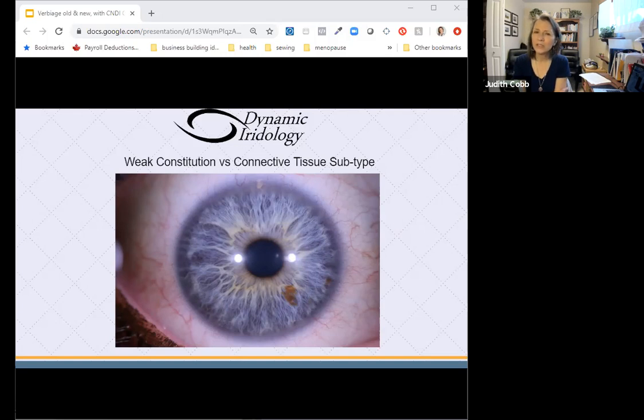In modern constitutional iridology, again, we call this the connective tissue subtype. Their nutrition likely will need to be on track for the rest of their entire life to really maximize their health potential. But is that really so different from any of us? We all should actually be making those efforts to protect our bodies through our nutrition.